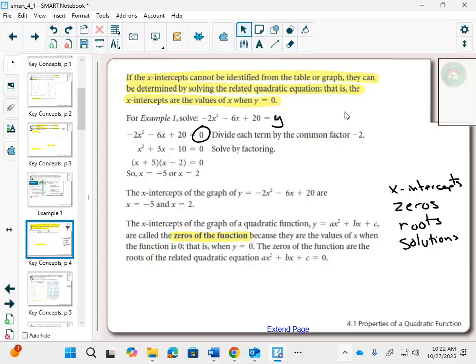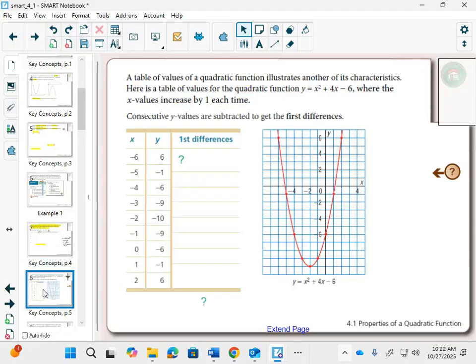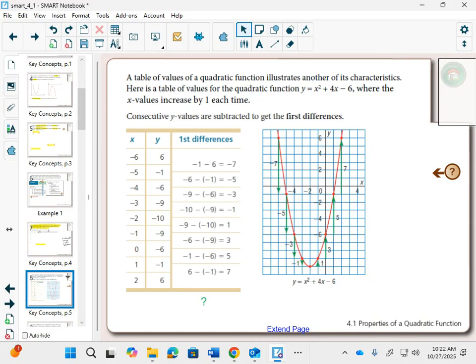Some other patterns that are pretty cool with parabolas. They've got a graph on the top of page 254 here. They have a graph of x squared plus 4x minus 6. And something that's really interesting and really cool with parabolas are called the first differences.